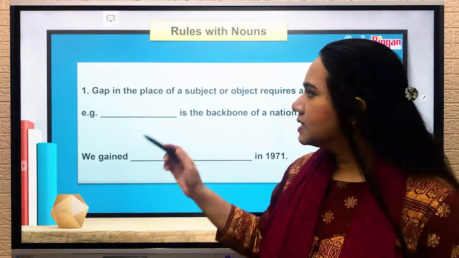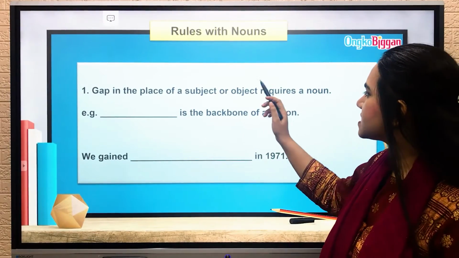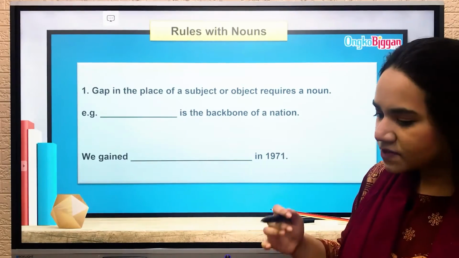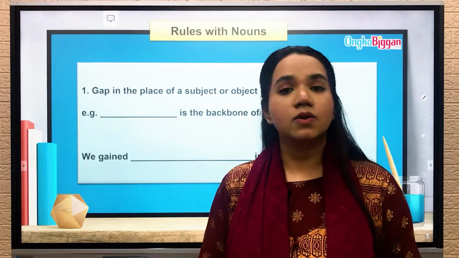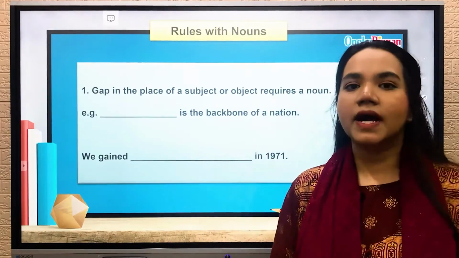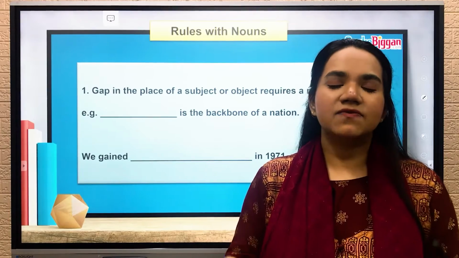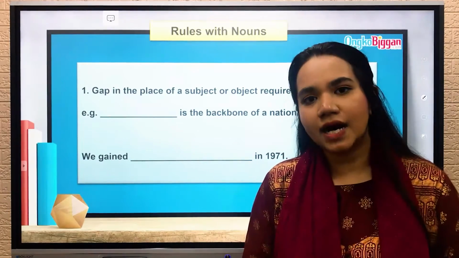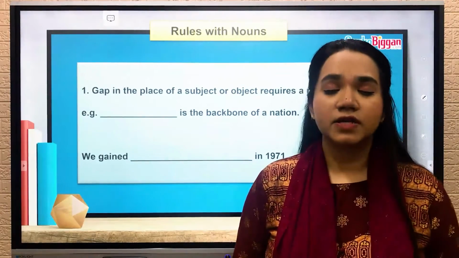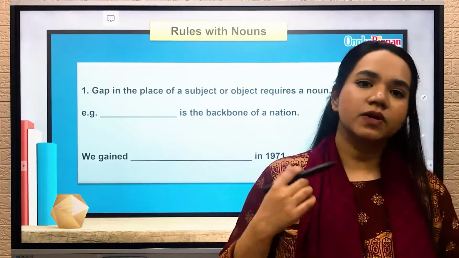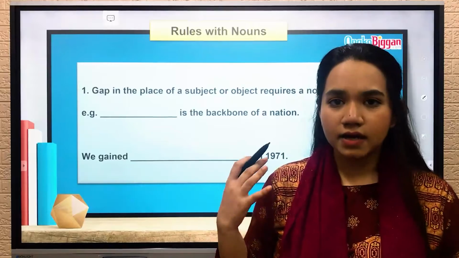First of all, if there is a gap in the place of a subject or an object, then it will need a noun. So, after you read the entire sentence, including the gap, you will have to find out what the gap actually consists of. If the gap consists of a noun, which means that if it is a subject or if it is in the object's place, then we know for sure that there has to be a noun.